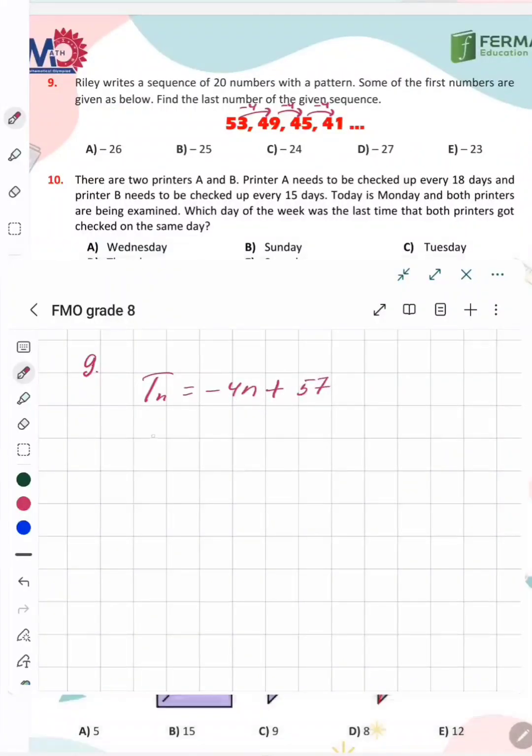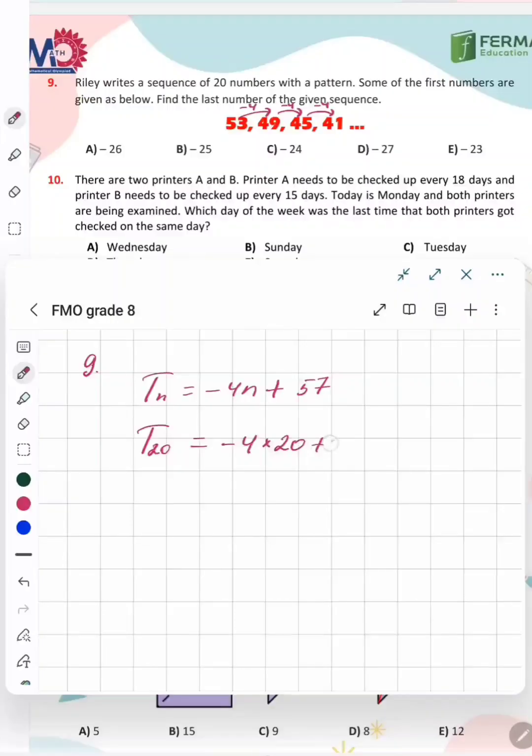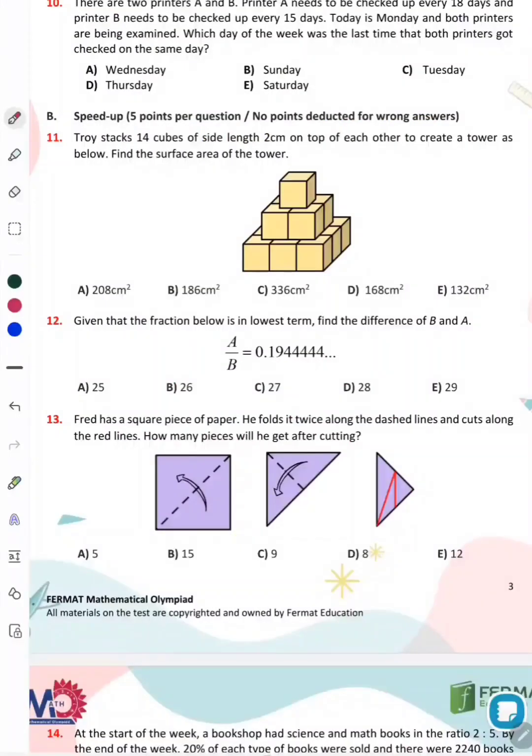Alright, in order to find the last term, which is the 20th term, it's -4 times 20 plus 57. It's equal to -80 plus 57, which is -23. E is the correct answer.